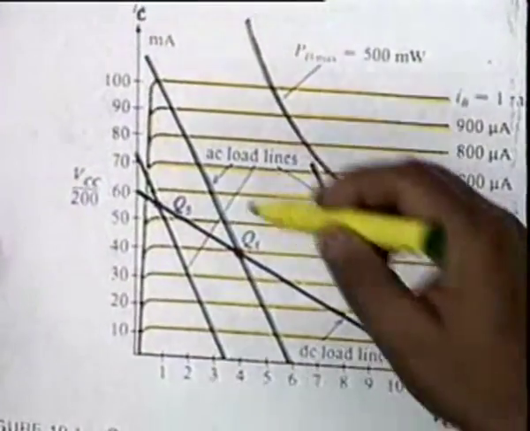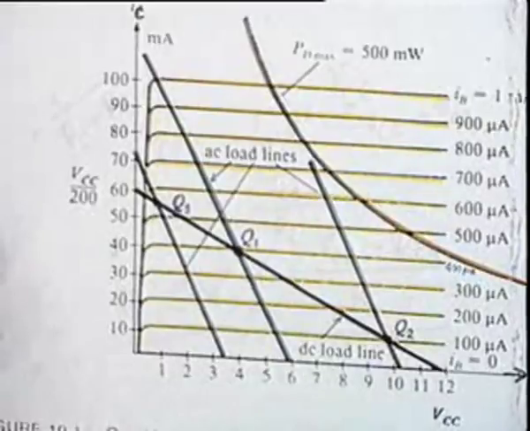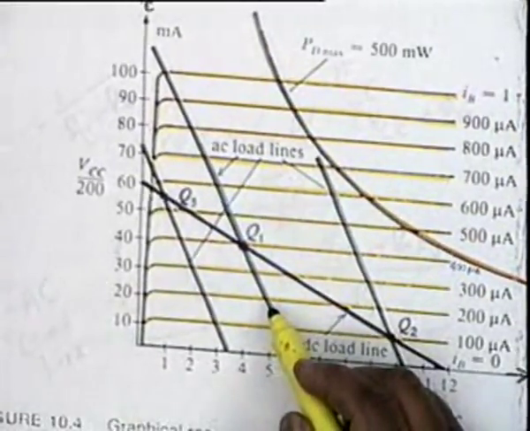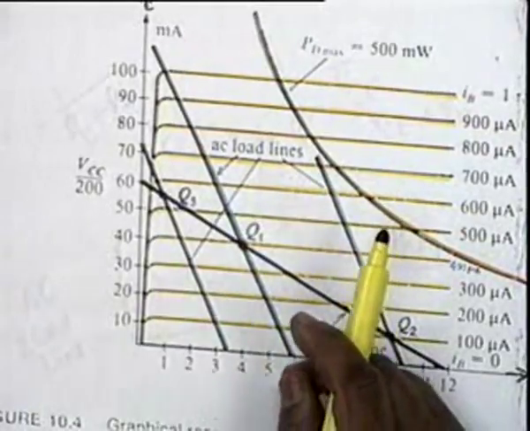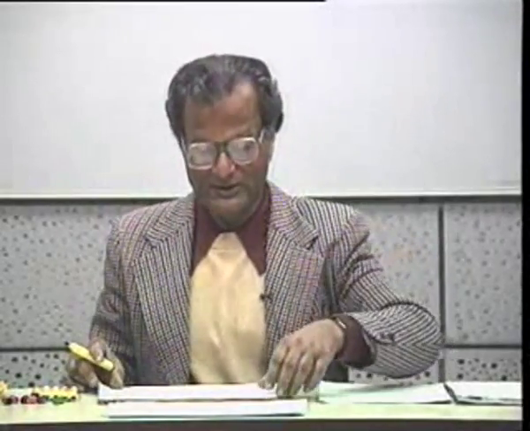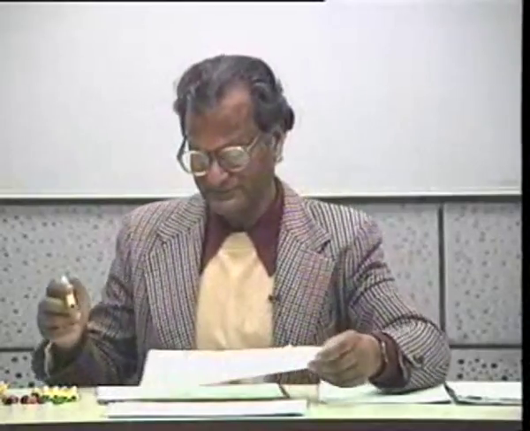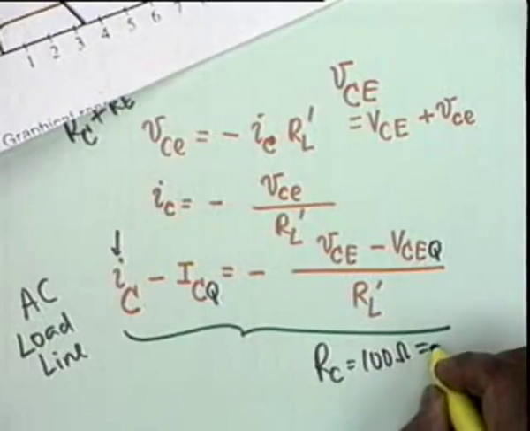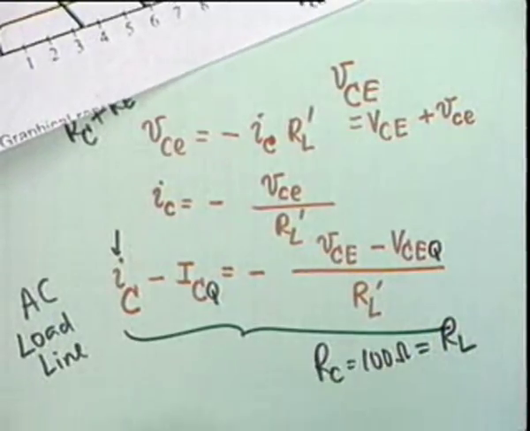And this blue line is the AC load line. As you can see, its slope is minus 1 by, what is the value here? 100 ohms, and did I mention what the load is? Oh, load I didn't mention. Take the load as 100 ohms. RC was 100 ohms. Take this also as equal to RL.